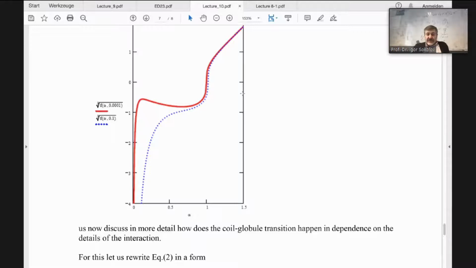Here now I have some x, but at each x I have exactly one root, which means one size of the molecule which corresponds to the corresponding value of phi. N is fixed.